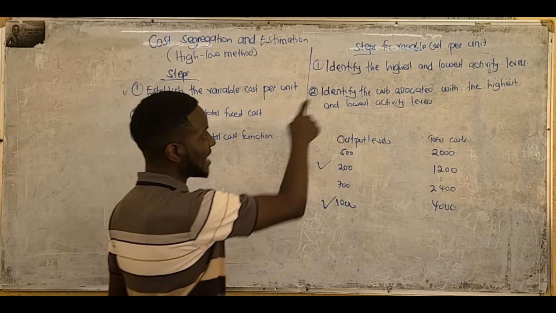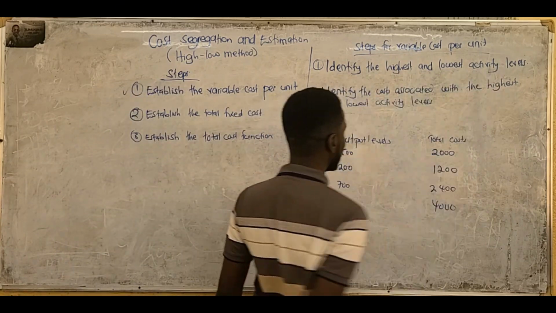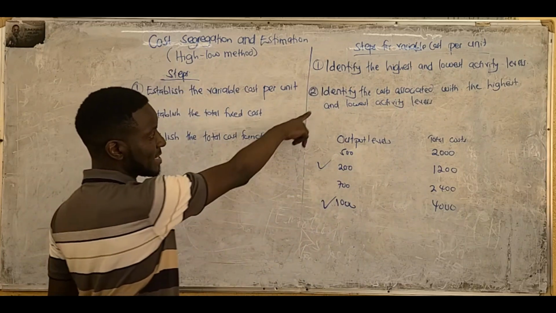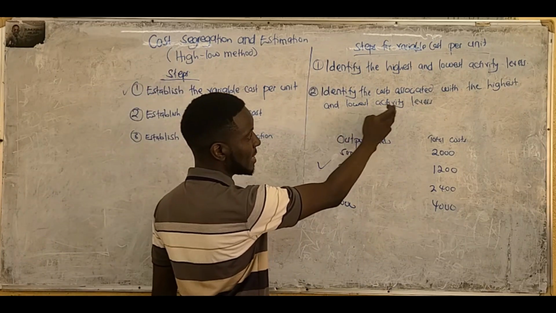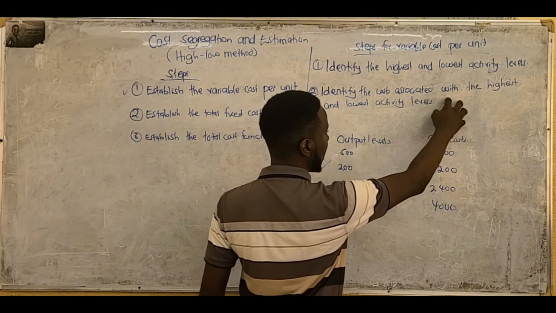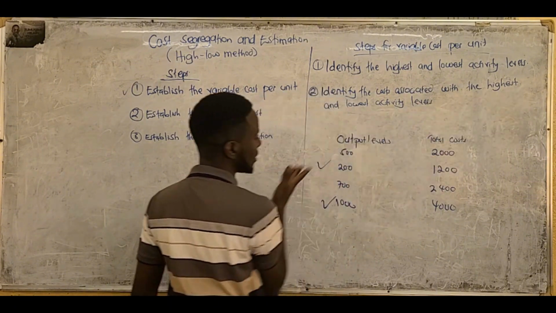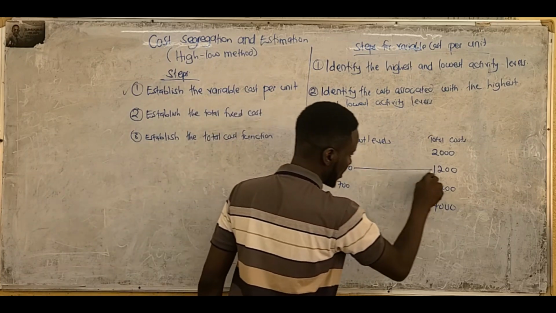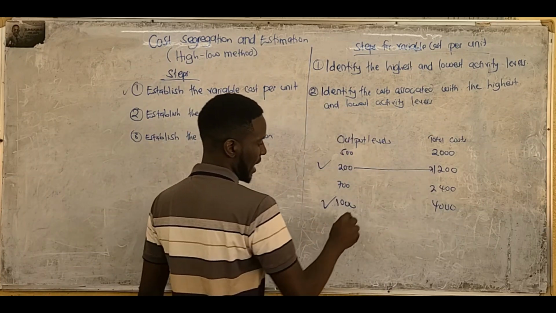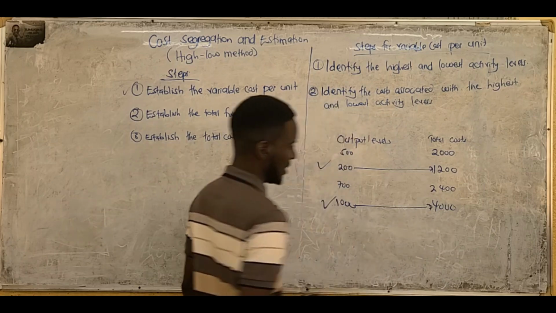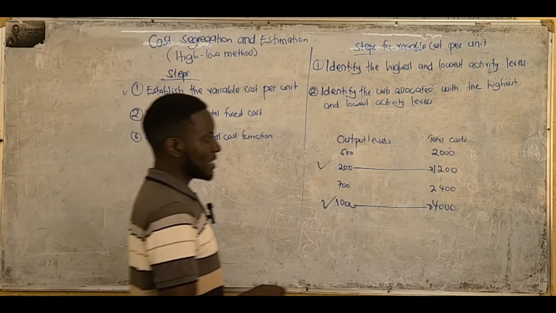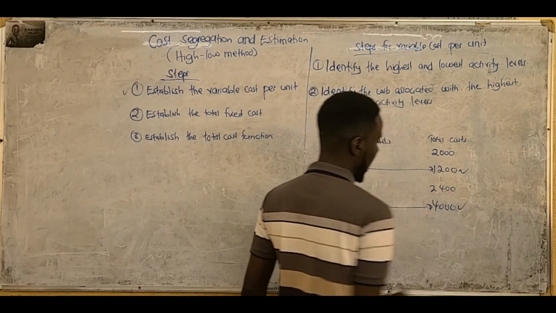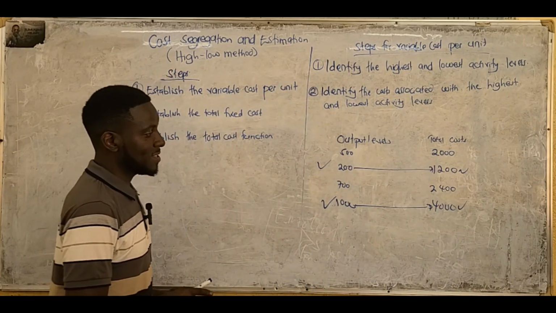So we have identified the highest and lowest activity levels. The next step says identify the costs associated with the highest and lowest activity levels. The cost for this is this, and the cost for this is this. These are the costs associated with the highest and the lowest activity level.